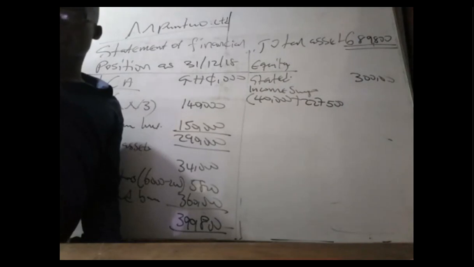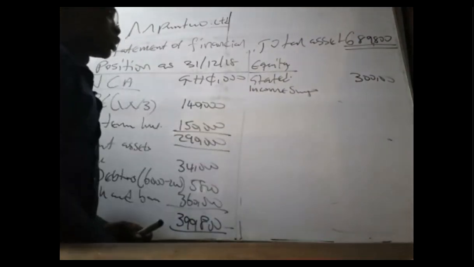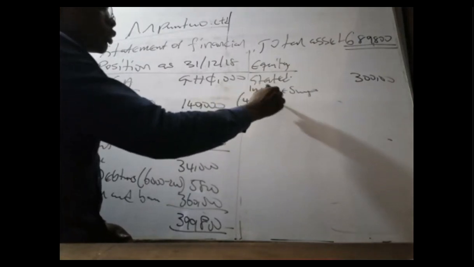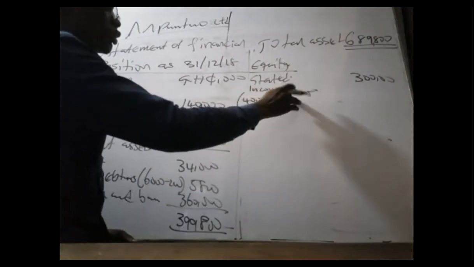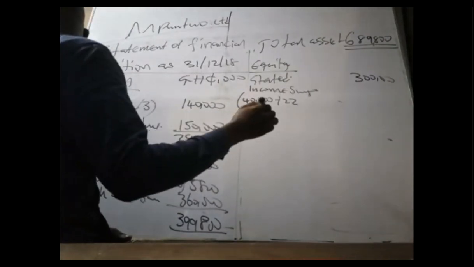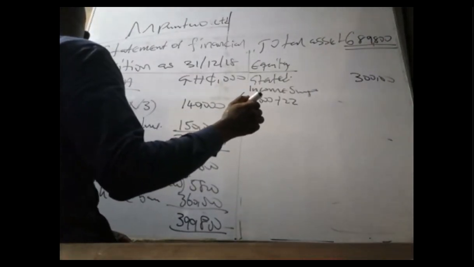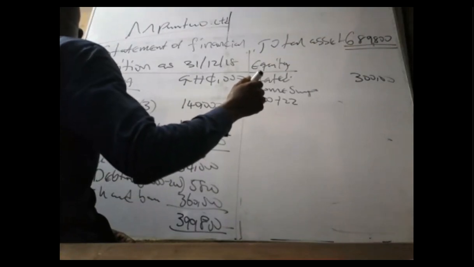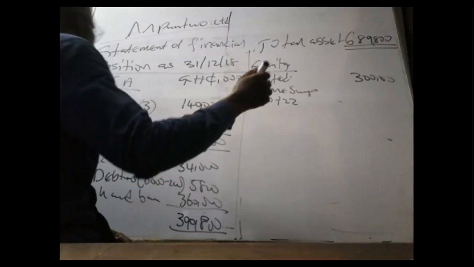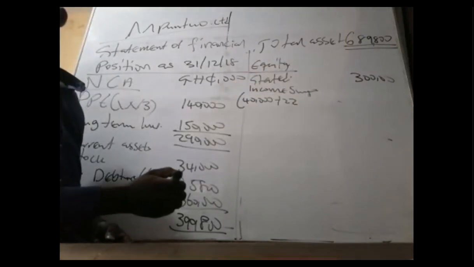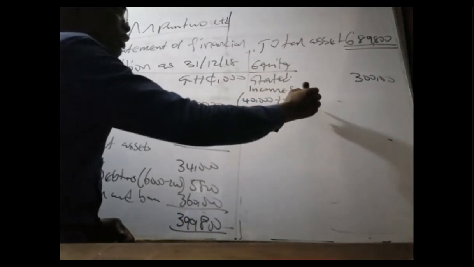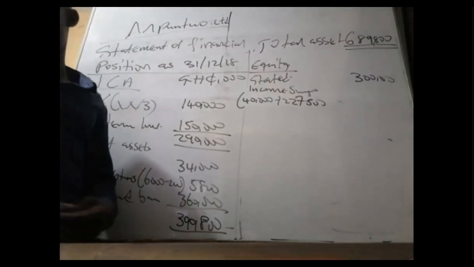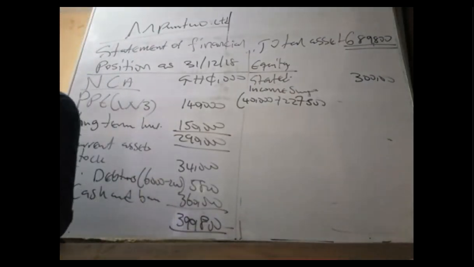Let me confirm that for me. 227,500. Good. Can you confirm for me? Less the dividend, and then we are done.